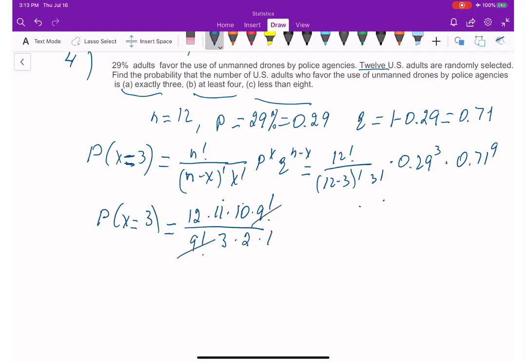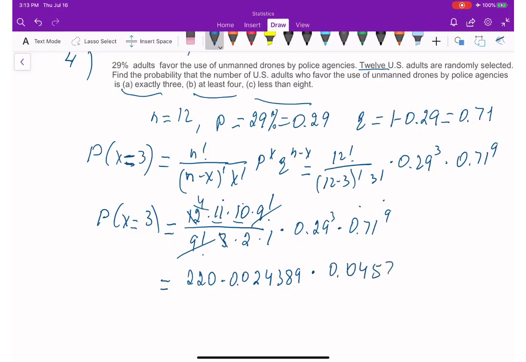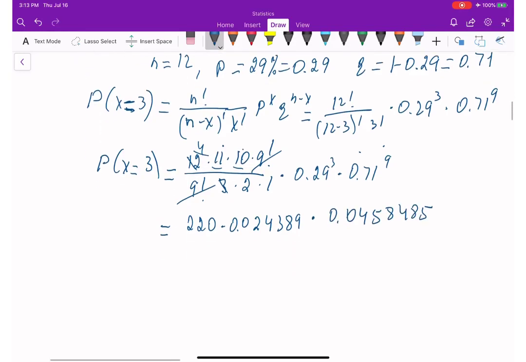So 9 factorial is gone with 9 factorial, 3 is gone with 4 here, and we are times 0.29 to the power 3 times 0.71 to the power 9. So this is equal to 4 times 11 times 10, which is 220, times 0.024389 times 0.04588485, and we will get the probability that x is equal to 3.